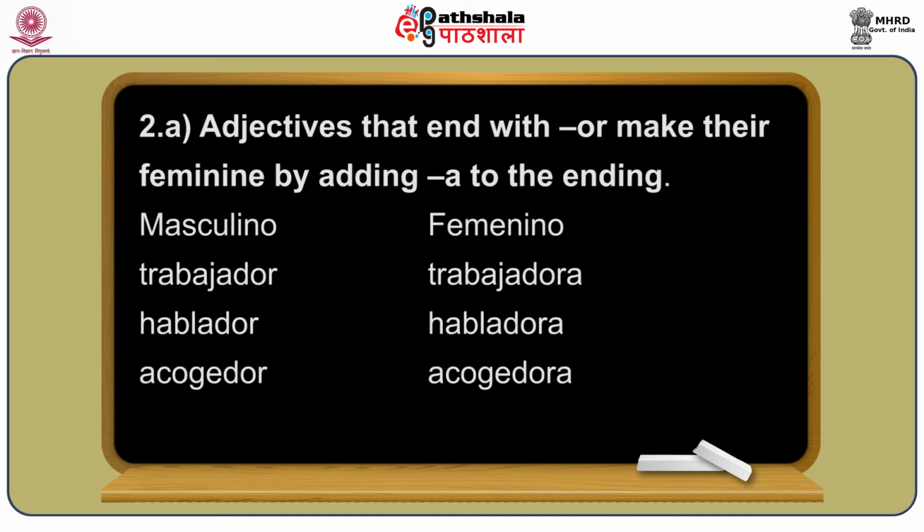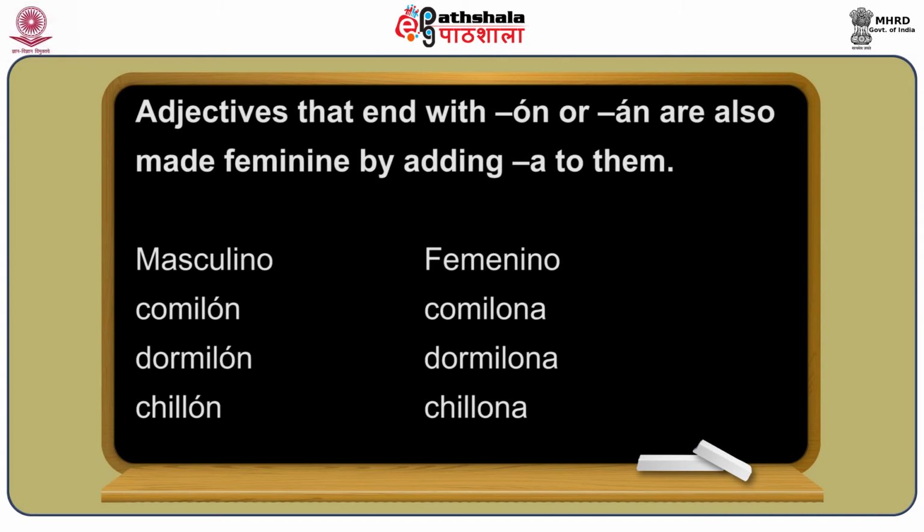Now, adjectives that end with on or an are also made feminine by adding a to them. The ending on or an is commonly used for insults since it means too much.